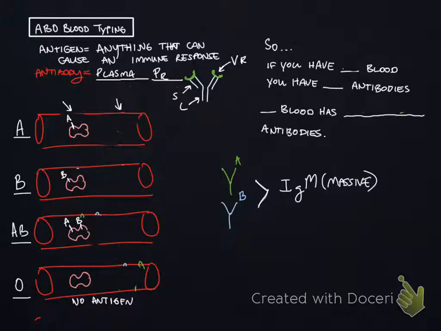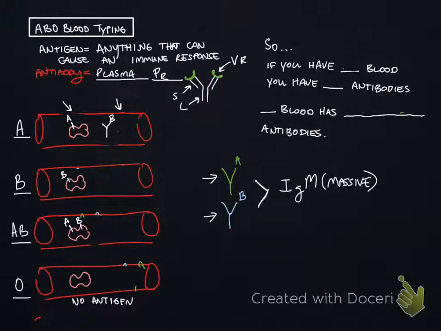Okay? So now what about antibodies? Well, we have two different types of antibodies. We have type A antibody and type B, and what that means is anti-A antibody or anti-B antibody. That means anti-A is against the A antigen. So with type A blood, it would have what type of antibody? It would have an anti-B antibody, because if it had an anti-A antibody, it would attack its own red blood cell.